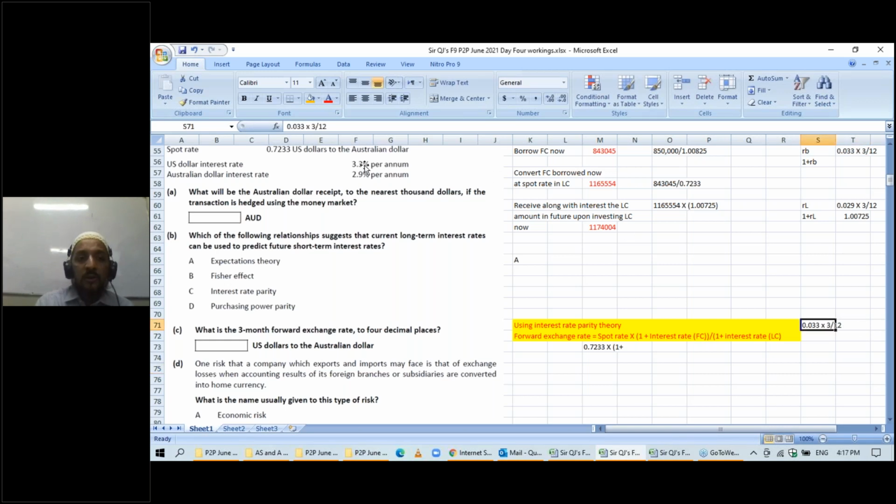So this gives you a 3-month interest rate. Then we have to convert the 2.9% interest rate, which is of the Australian dollar. This also needs to be converted into 3 months.